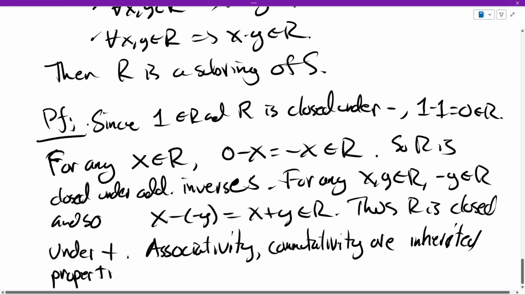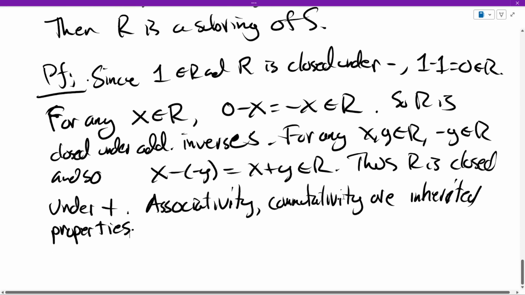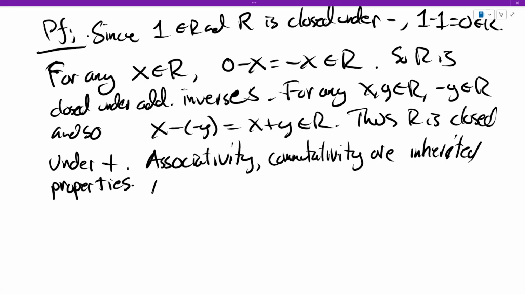That is, they hold for every such thing in S, and so they're definitely going to hold in R because it's not about set membership. It's just, is the left-hand side equal to the right-hand side? As long as one of the sides is in R, they're both going to be in R, and so it will hold.